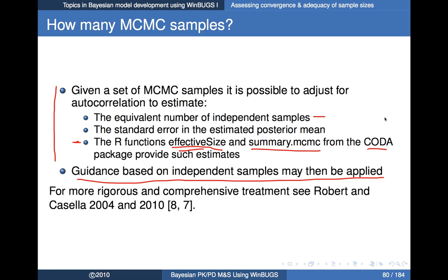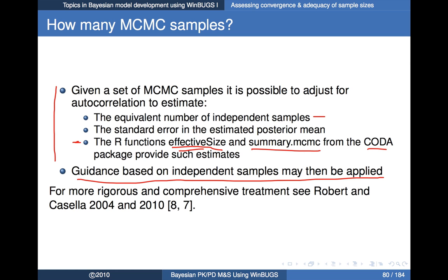So if I have some idea that, hey, I'm working with tail probabilities, that I probably need on the order of tens to hundreds of thousands of samples to get adequate precision there, then I will tend to look at my equivalent number of independent samples, and if I've done a certain number of samples, I look at that value and say, okay, is that what I needed? If it's not, I can scale things up accordingly.